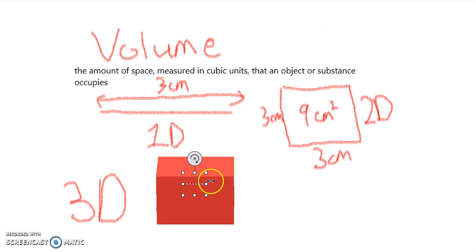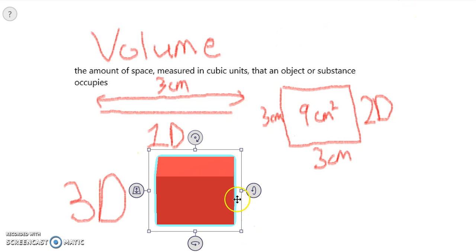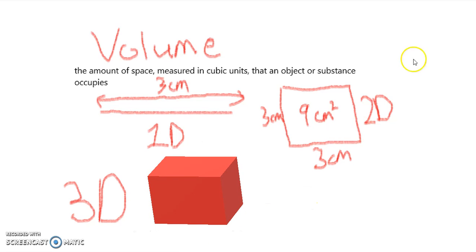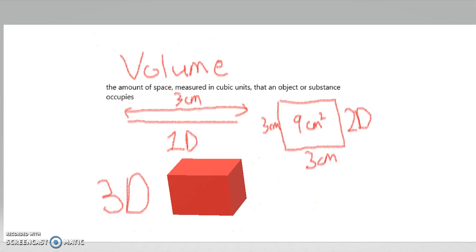Actually, I should move it a little bit. If I can move this thing, we'll rotate it a little bit this way so we can kind of see all its sides there. Hopefully you guys can see that pretty good. So now let's think about what our sides of that thing are. We have our bottom side. I'm going to switch to black here so we don't get a lot of red going on.